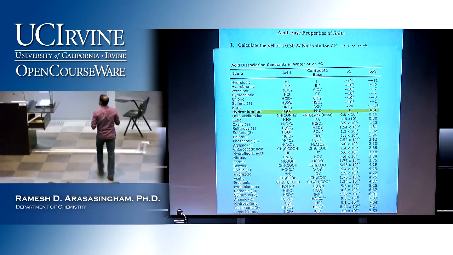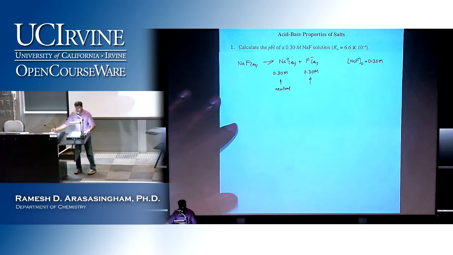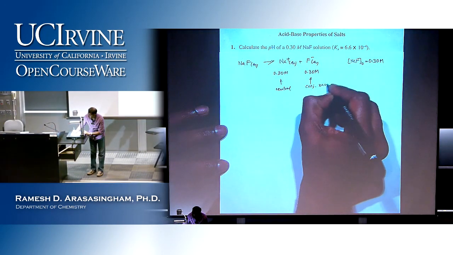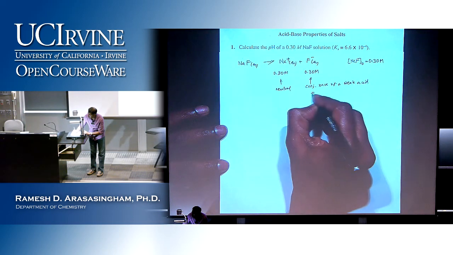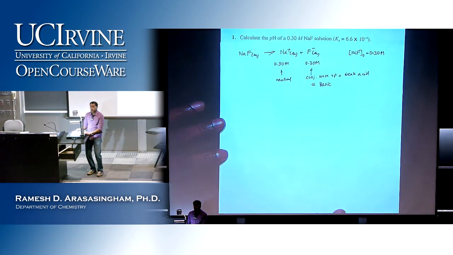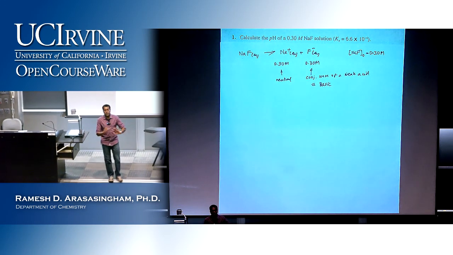So HF is a weak acid, therefore its conjugate base has to be weak as well. So we know that this is the conjugate base of a weak acid, and therefore it is going to be basic. All right? So now that we know that we have one neutral component, we're not concerned about that.